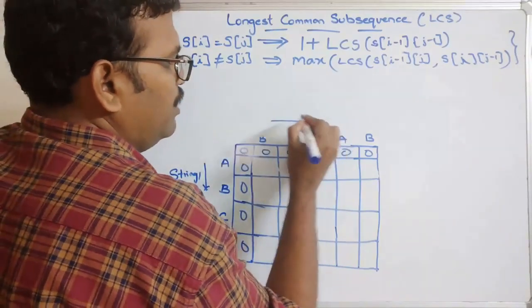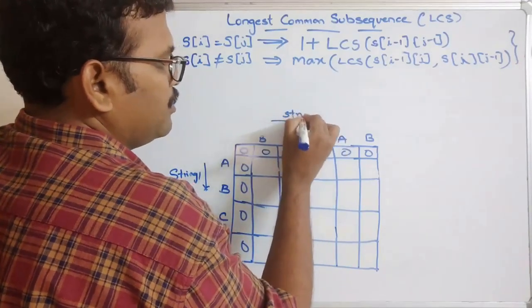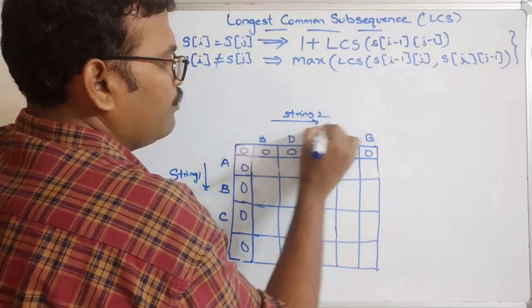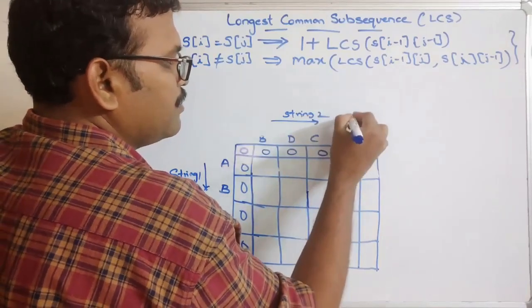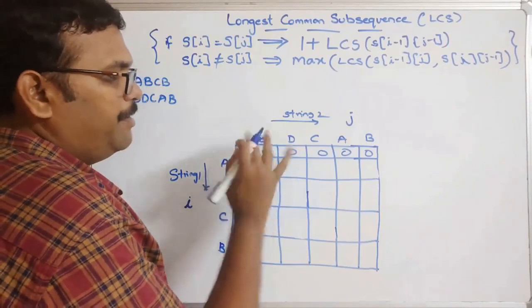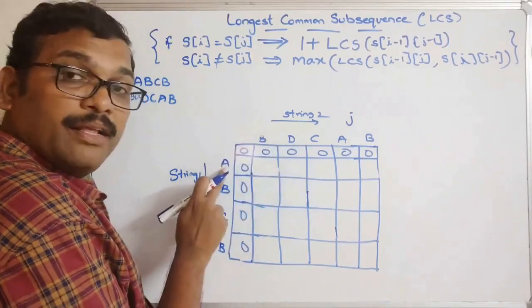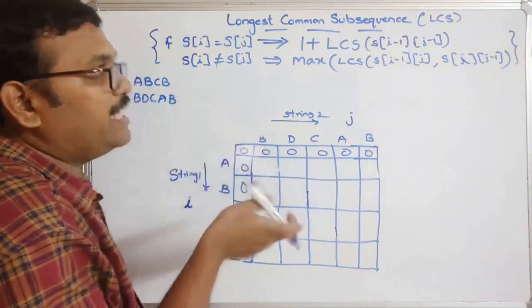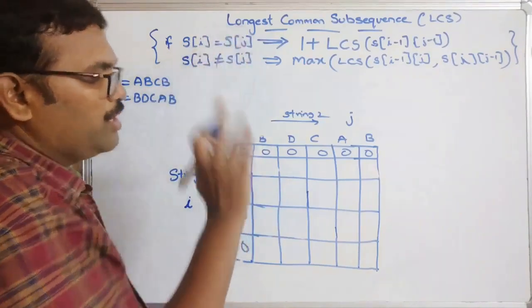See, this one is string 2 and we are representing it as j. Okay, so now we compare the elements A and B, that is nothing but S of i is equal to S of j.